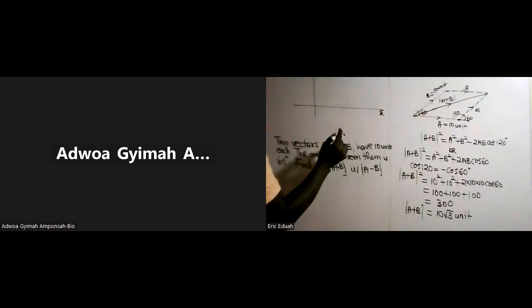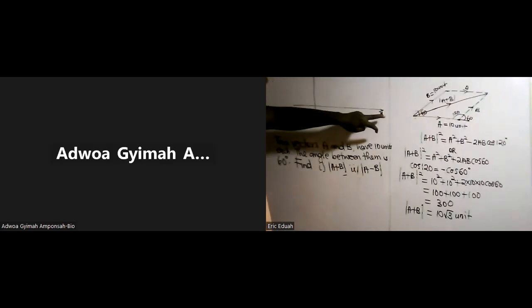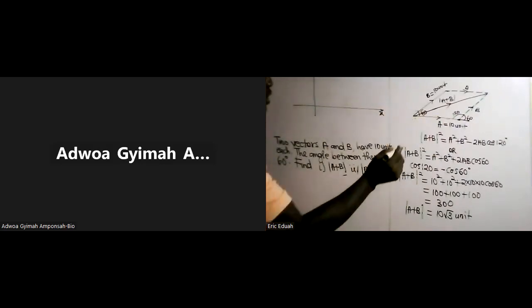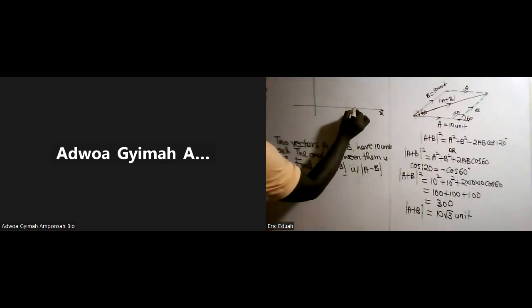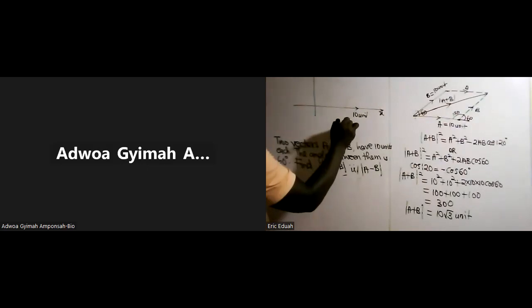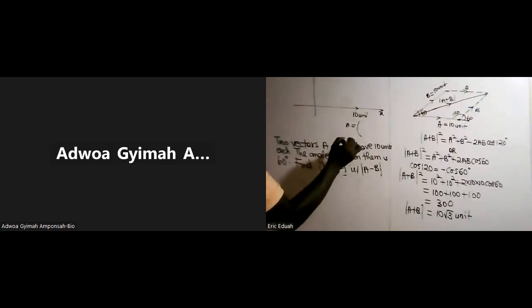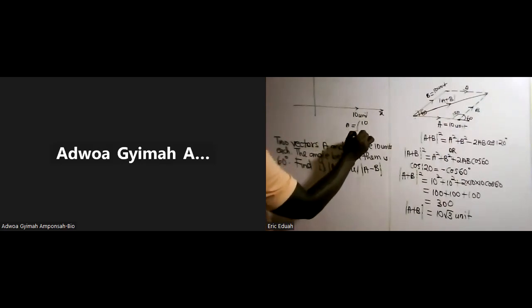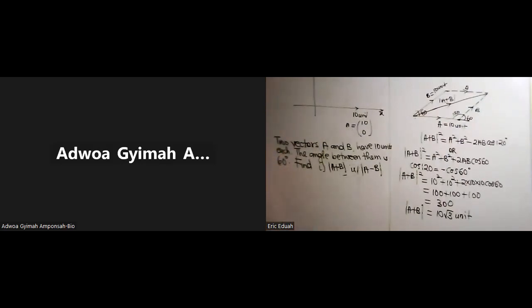I'm told the angle between the vectors is 60. So A is along the x-axis, 10 units. If I want to resolve A into components, A will be equal to 10 units and 0.